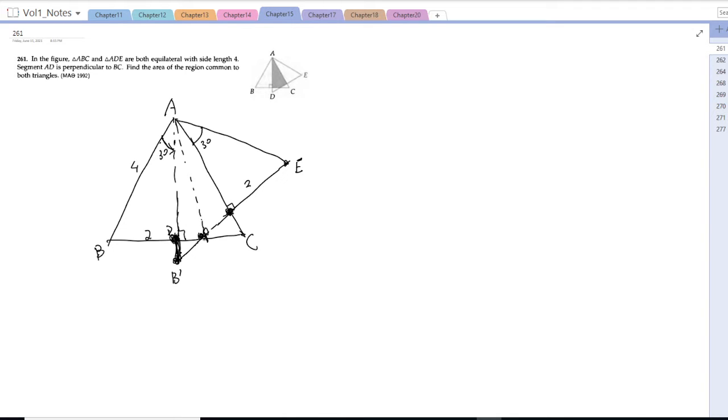Because they are symmetric, this side equals this side, and this angle and this angle are both 15 degrees. Now in order to calculate the area, right?